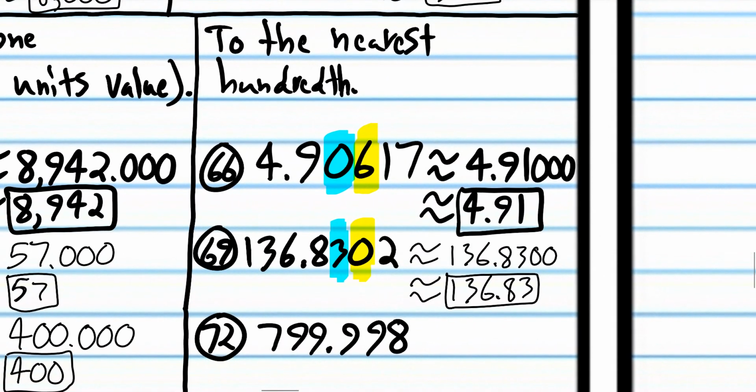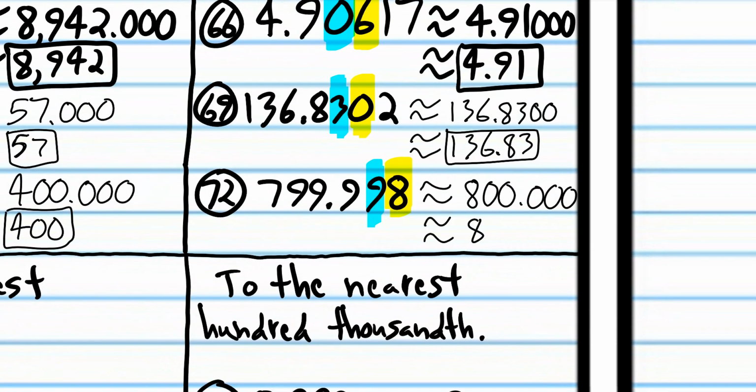Try number 72, and when you come back, we'll do it together. All right, we're back. Here's the 100th place. The 8 tells us to round up. But as you can see, we just got a bunch of 9s here, so we're going to have to keep going over until we get to the 7, and finally the 7 we're going to round up. So the 7 is going to become 8, and all the other numbers are going to become 0, as usual.